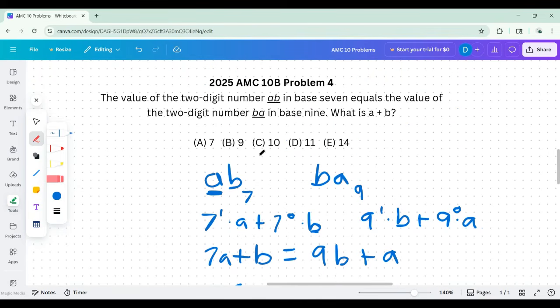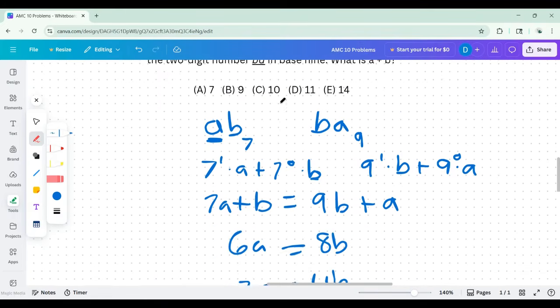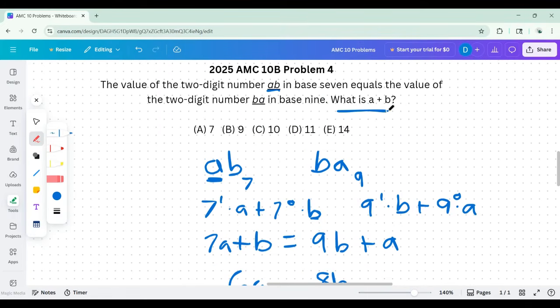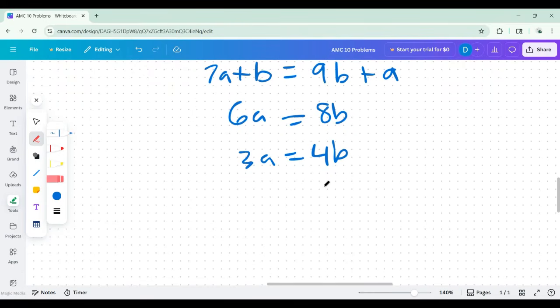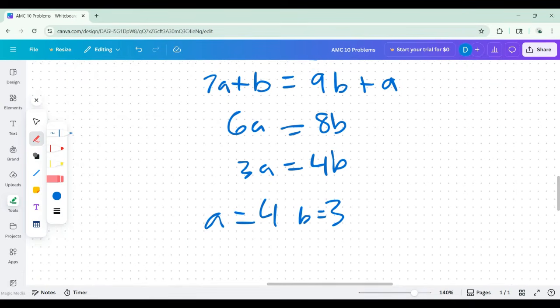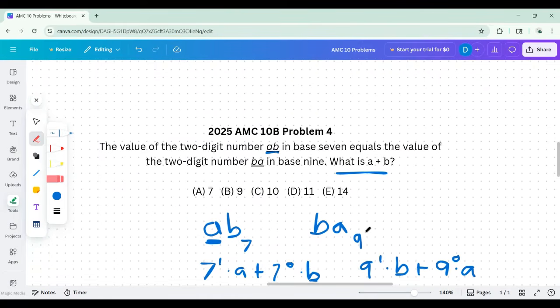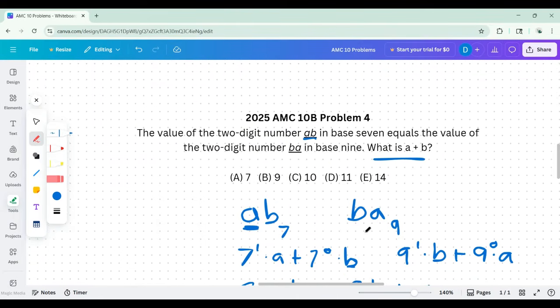And then we're trying to find the only values of b and a that work, and we're trying to find the sum of a plus b. We can automatically see that 4 and 3 work. So a is equal to 4 and b is equal to 3. And we can plug them back into the original equation and see if they work.